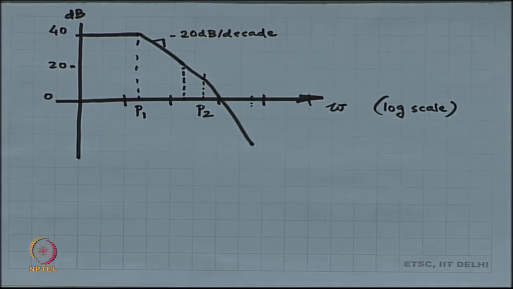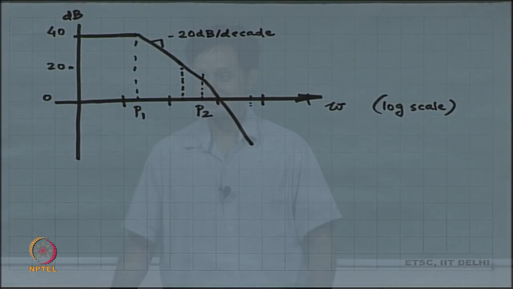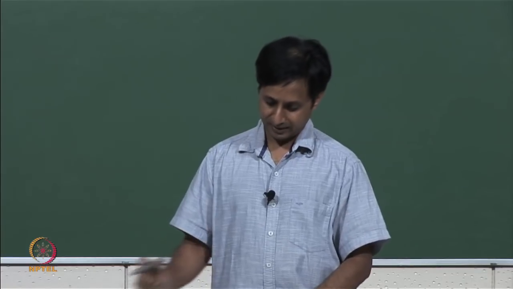Something like this. I am taking advantage of the boxed paper that I have, grid lines are there. Anyway, this is how the Bode plot is going to be.